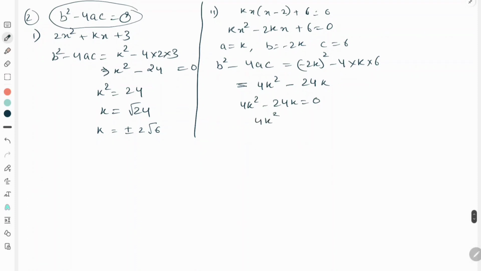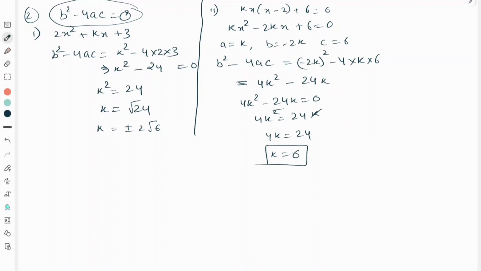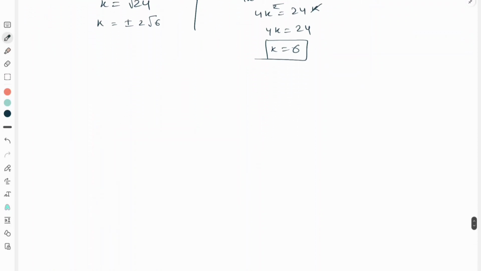This implies 4k square equal to 24k, 4k equal to 24 and k is 6. Now let's move to question number 3.